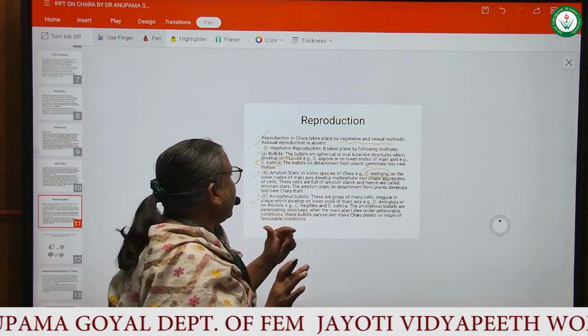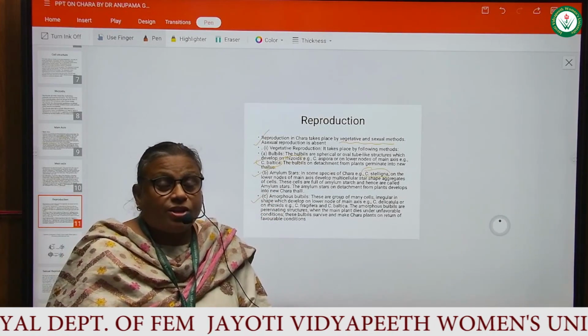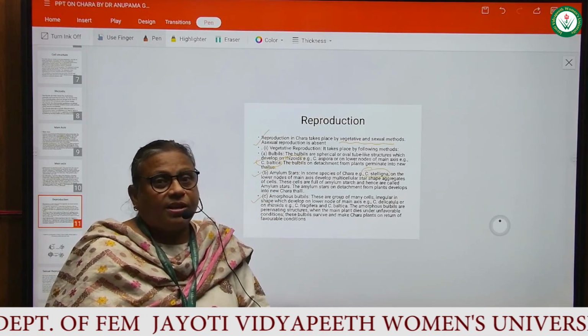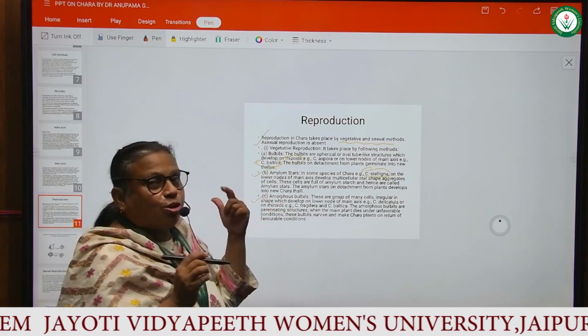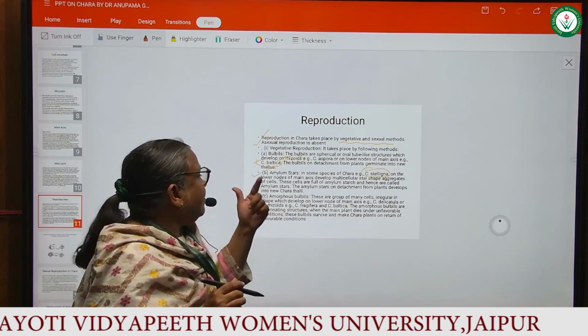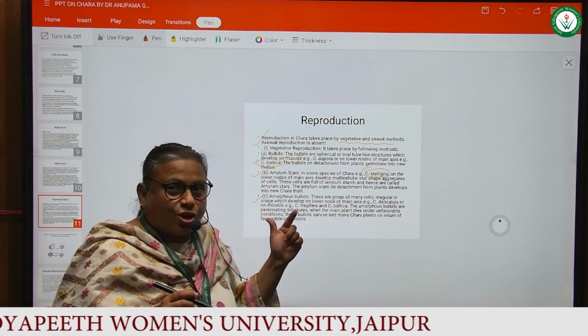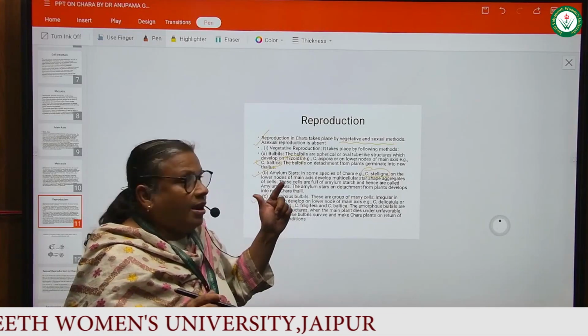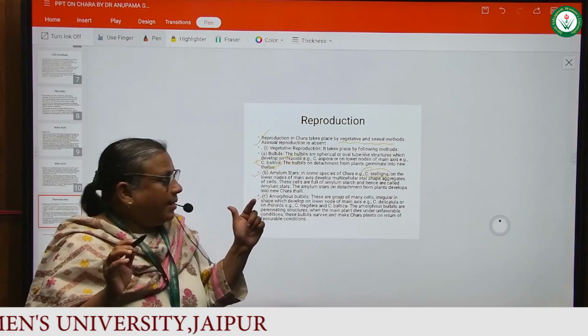What are amylum stars? These are multicellular star-shaped aggregates which are filled with amylum starch. The amylum stars on detachment from the plants develop into new Chara thalli.